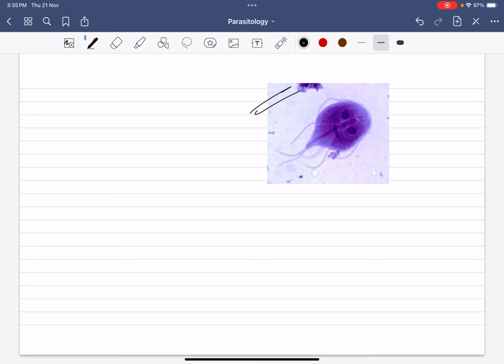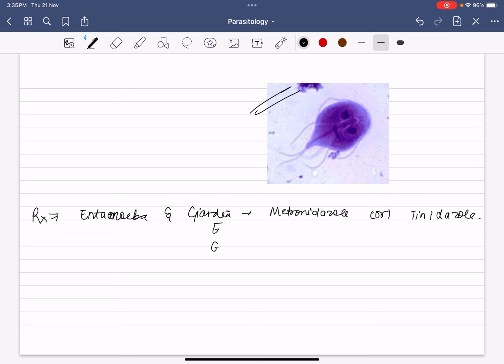Now we didn't read about the treatment of all these diseases. So treatment, Entamoeba and Giardia can be treated by metronidazole or tinidazole. For Entamoeba the dose is 10 days of metronidazole or 5 days of tinidazole.